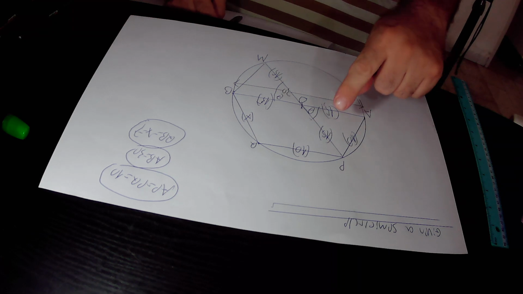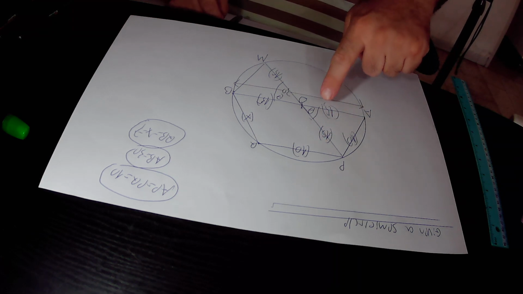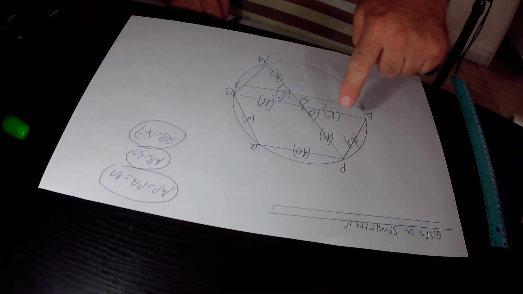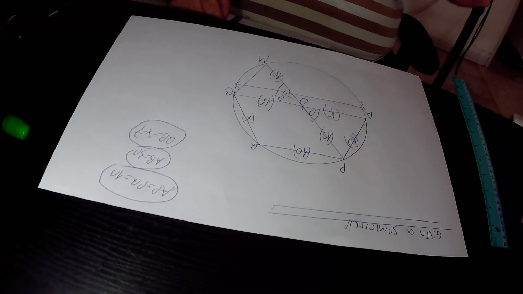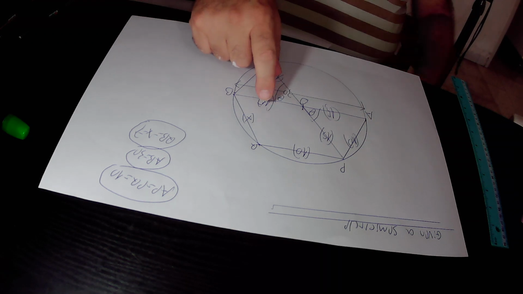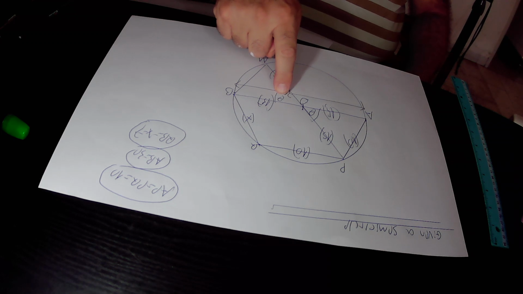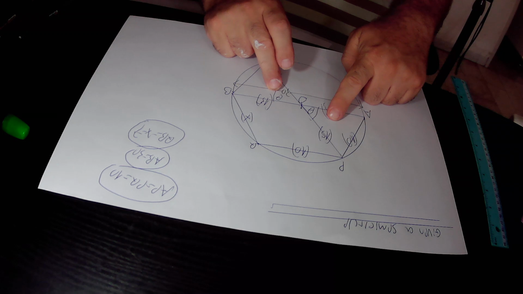We have those two sides and the angle included between them in triangle AOP correspondingly equal to those two sides and the included angle in triangle MOB. Therefore, those two triangles are congruent according to the side angle side rule.